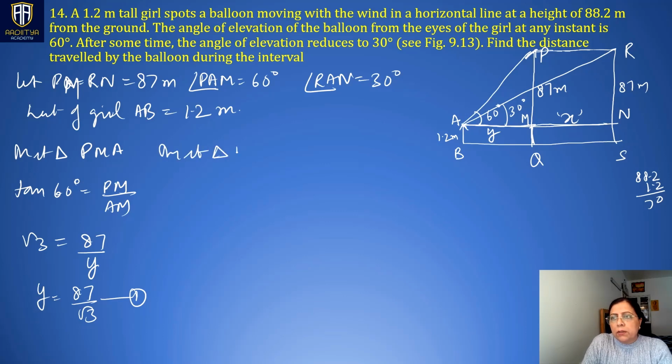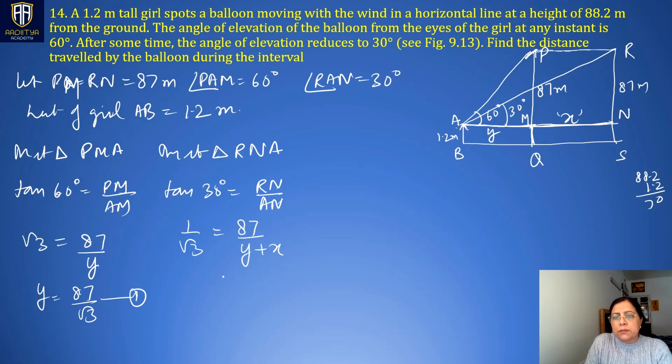In right triangle RNA, tan 30 degrees is RN upon AN, this whole horizontal distance AN. This is 1 by root 3. RN is 87. AN is the whole length y plus x. So x plus y can be written as 87 root 3. Let this be equation 2.